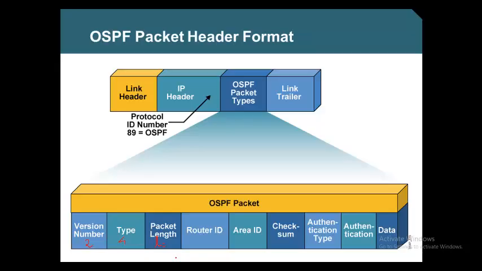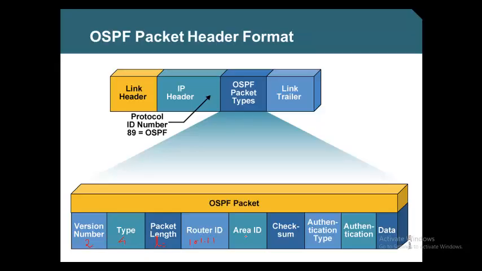That is the router ID, which is in the form of 32-bit, like an IP address. It looks in the format of 8.8.8.8 bits, totally 32-bit. And then area ID. This area ID is also 32-bit.